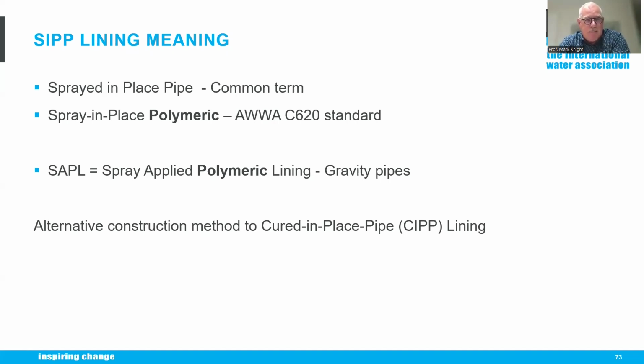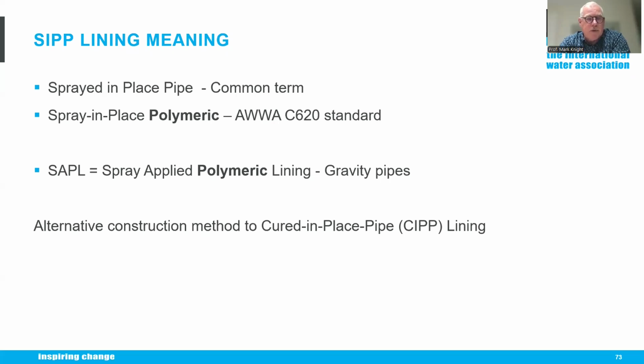SIPP can often mean spray in place pipe, which is the common term. In IWA C620, we call it spray in place polymeric linings, because different polymers can be sprayed inside the pipe itself. In general, SIPP in North America at least refers to pressure pipe lining.